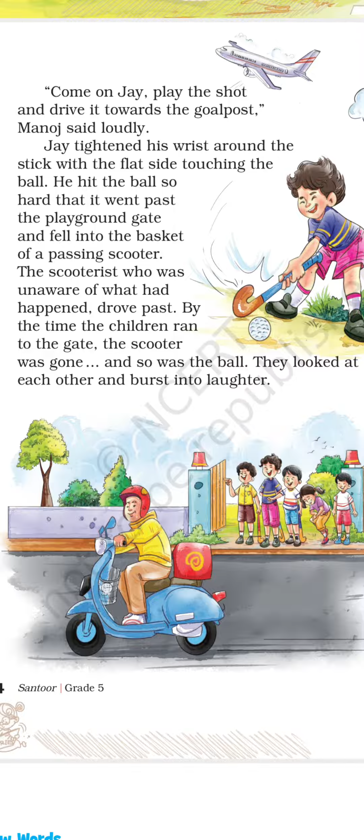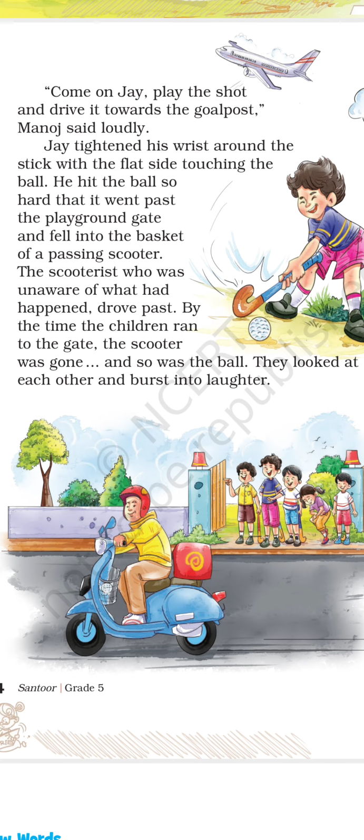All the friends looked at each other and started laughing and making fun. The ball came and it went away with the scooter.